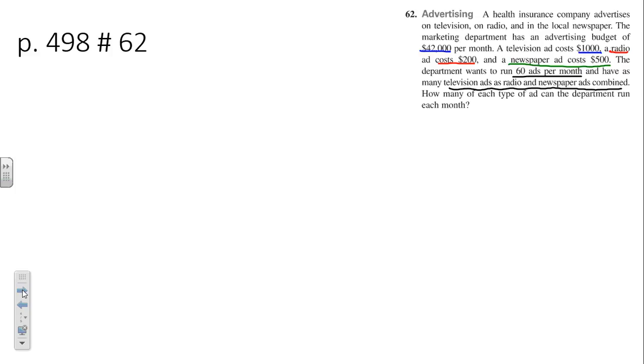Do you want to use T, R, and N, or would you like to use X, Y, and Z? Doesn't matter, does it? As long as we know which is which, right? So let's use X, Y, and Z. X is our number of TV ads. Y is our number of radio spots.